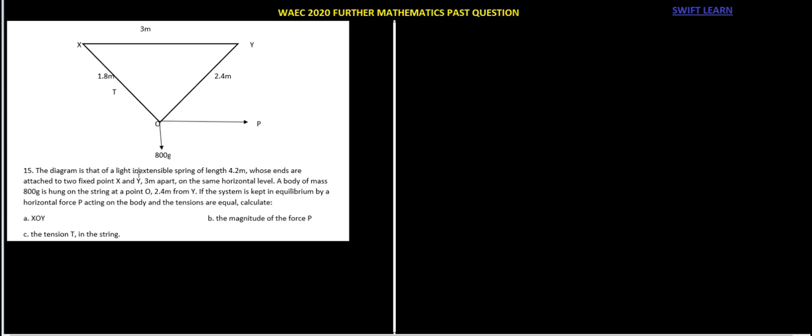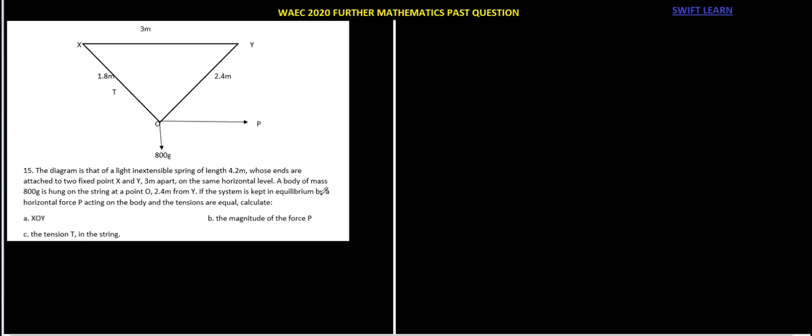The diagram is that of a light inextensible string of 4.2 meters whose ends are attached to two fixed points x and y, 3 meters apart on the same horizontal level. A body of mass 800 grams is hung at point O, as you can see here.